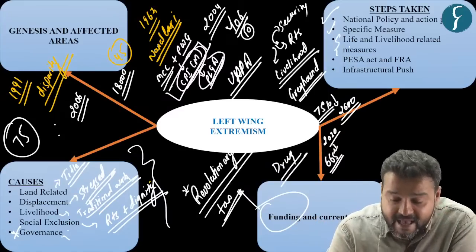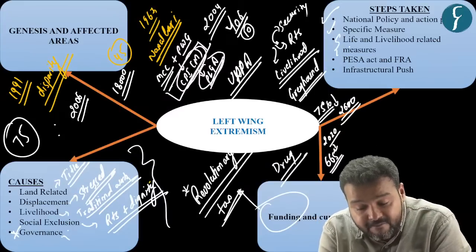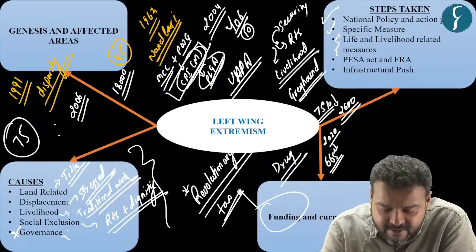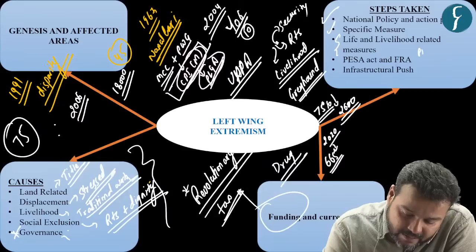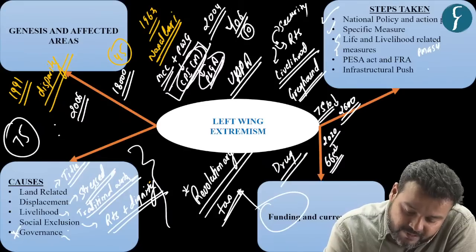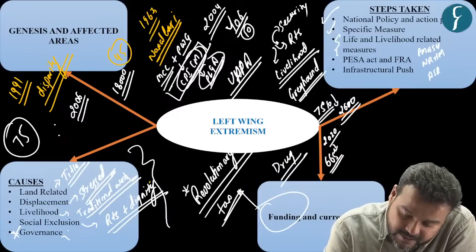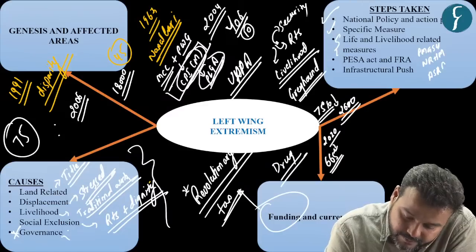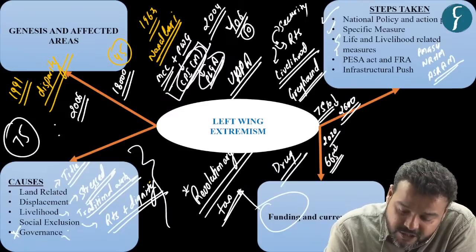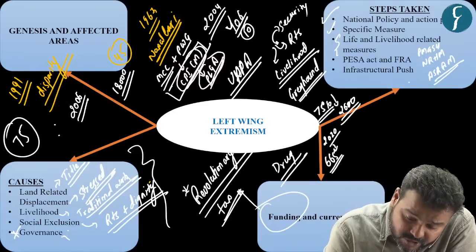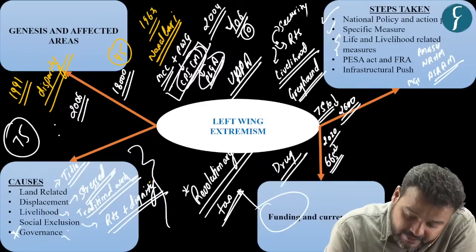Now, as we said, life and livelihood related measures have also been taken. There are several schemes like Pradhan Mantri Grameen Sadak Yojana, the National Rural Health Mission. Then there are ashram schools. And the most important is NREGA.